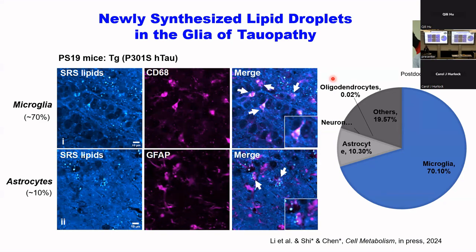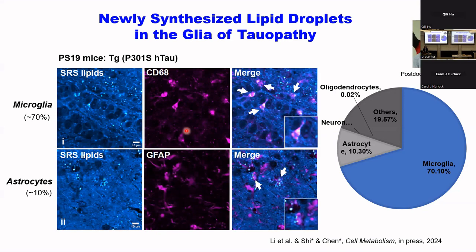So you can target those glia cells when the tau protein is overexpressed in the brain. That means these brains are going to be Alzheimer's brains. At that moment, you can visualize the newly synthesized lipid droplets accumulated in these tau-overexpressing brains. And that really detects the metabolic changes in Alzheimer's disease development.